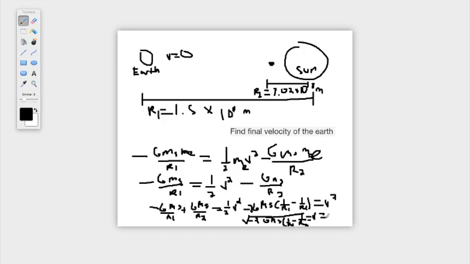When you plug everything in, that should be equal to around 613,349, so 6, 1, 3, 3, 4, 9 meters per second.